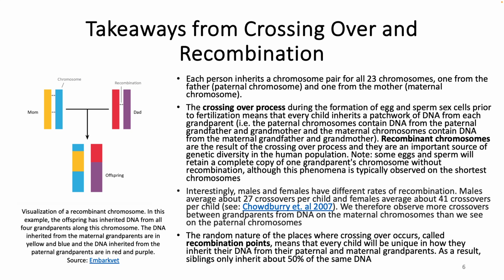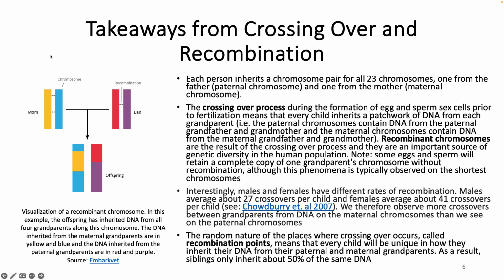And the maternal chromosomes for the child will contain DNA from the maternal grandfather and maternal grandmother. So recombinant chromosomes are the result of the crossing over process. That's the final result that we get. And they are an important source of genetic diversity in the human population as you're mixing DNA from each grandparent in the child.